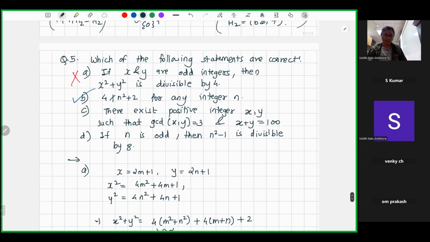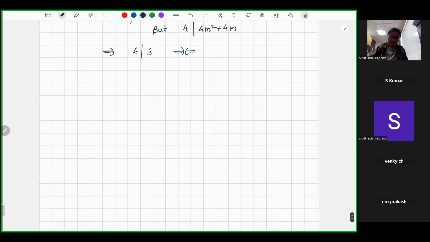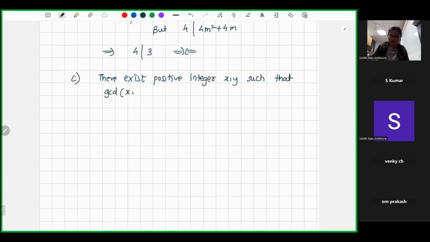Now the next statement. Next statement is that, C part, that there exist positive integers x comma y such that GCD of x comma y is 3 and x plus y is 100.